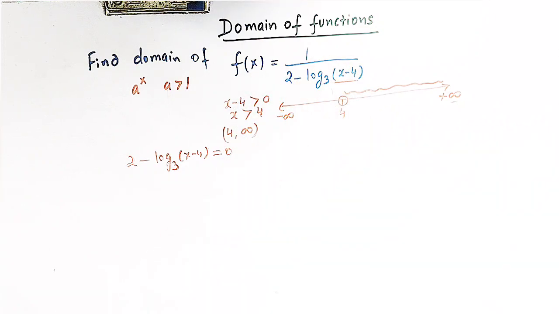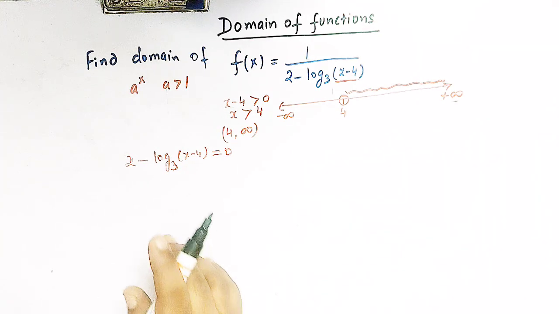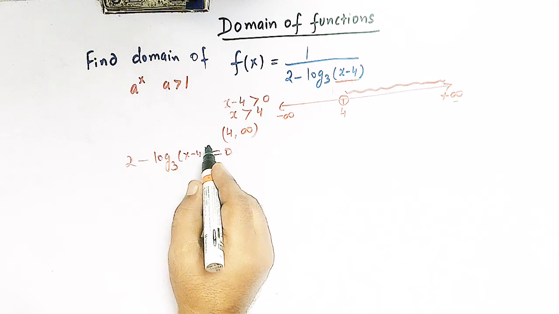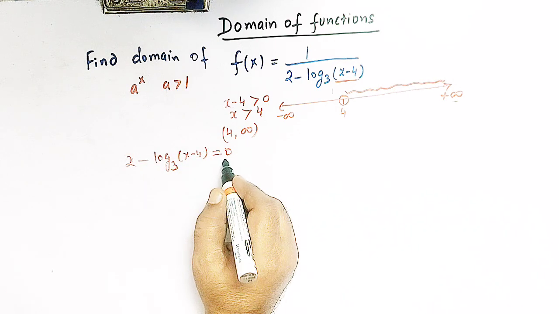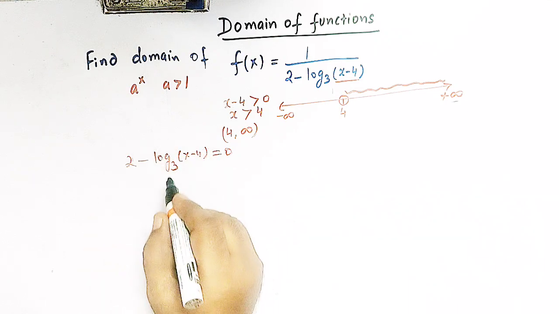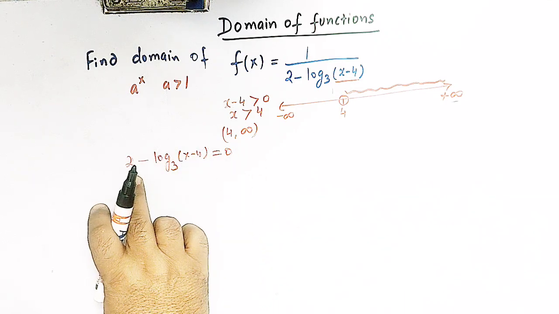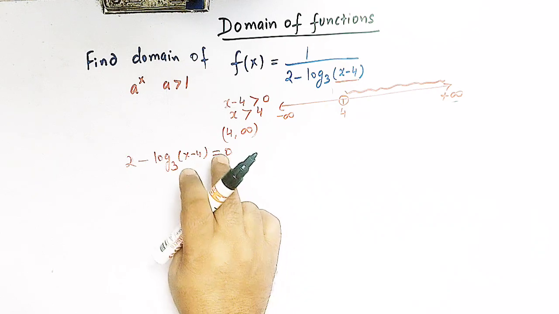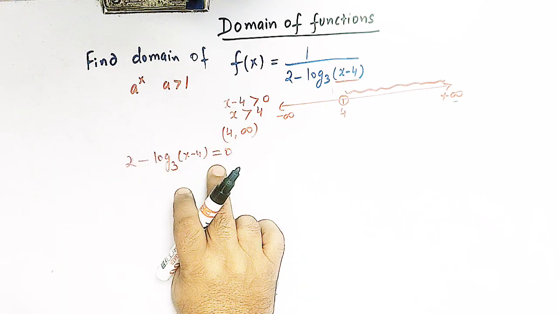So we have to discard all the values of x which make this expression equal to 0. To get those values, we'll solve this equation.